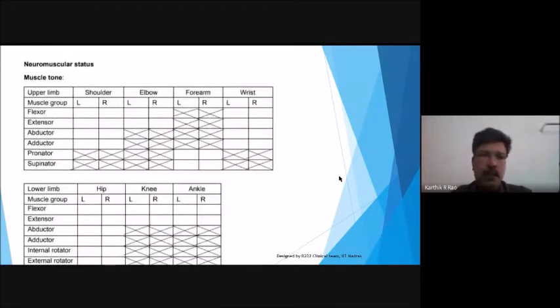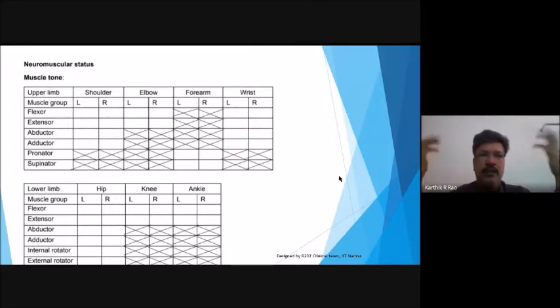The next thing that we check is the neuromuscular status, which is about the muscle tone. For muscle tone, we use a scale called the modified Ashworth scale, in which you check the resistance to a passive movement. When we're trying to move the limb, is the tone allowing us to move it or not?